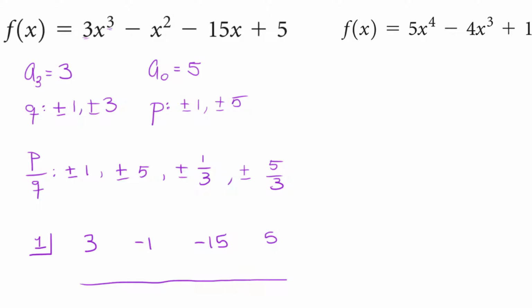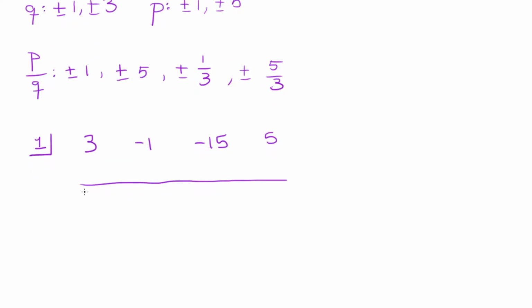Okay, so we lower the 3. 1 times 3 is 3. We add -1 plus 3 is 2. 1 times 2 is 2. We add -15 plus 2 is -13. 1 times -13 is -13. And then -13 plus 5 is, I actually have to do it old school.